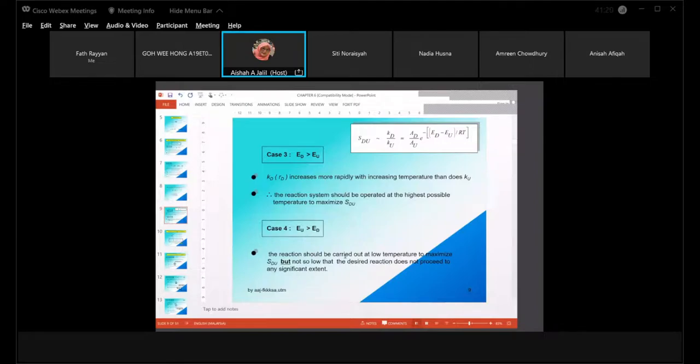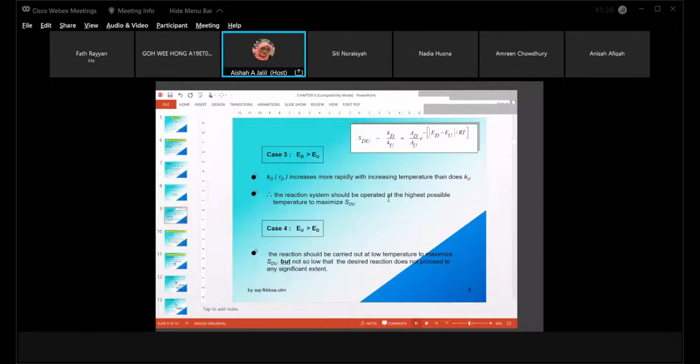If too low, the reaction cannot occur. So this is about the four cases of how to maximize the selectivity of the desired product to the undesired product.